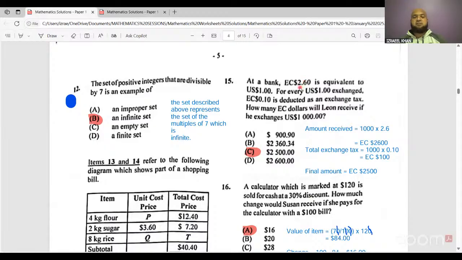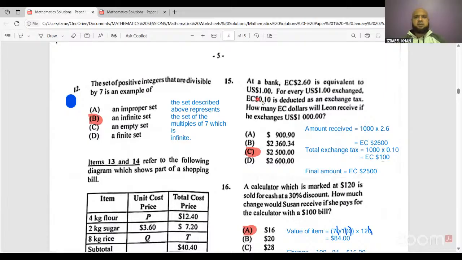First of all, one rule I always tell my students, and you all can listen here, converting from a larger currency into a smaller, like from US to EC, you multiply by the exchange rate. We could see the exchange rate is $2.60 for every US dollar. So I multiply 1,000 by 2.6, you get 2,600 EC dollars. And because that is 10 cents EC for every US dollar, for 1,000 US, your charge should be 0.1 by 1,000 to give you 100 EC.